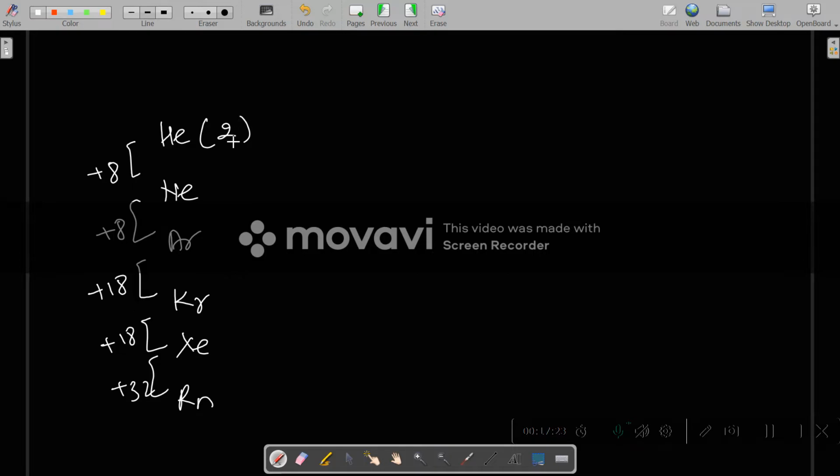If you know the atomic number of the first element, you can find out the atomic number of each element. You only have to learn the names: helium, neon, argon, krypton, xenon, radon. If helium is 2, what is neon? Add 8, it becomes 10. Again add 8, 18. Then 18 plus 18 is 36.